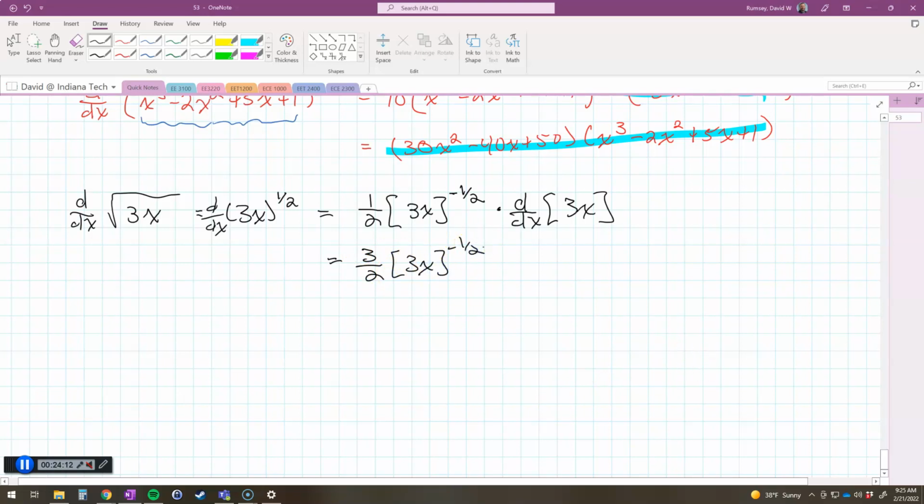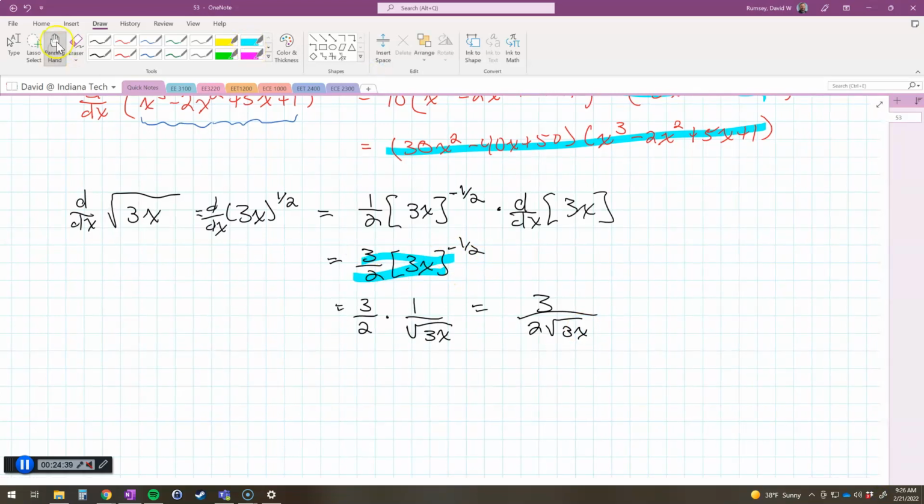And then again, depending on how your instructor wants you to write an answer, you might want to convert that back to radical form, which would be 3/2 times the square root of 3x. Now, for me, I just leave it as this term here. But again, that really depends on the instructor that you have.